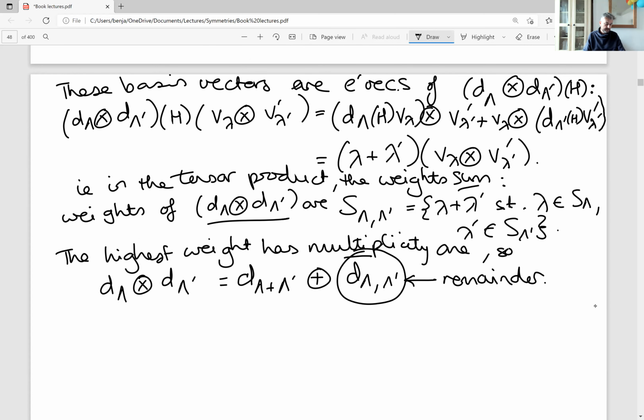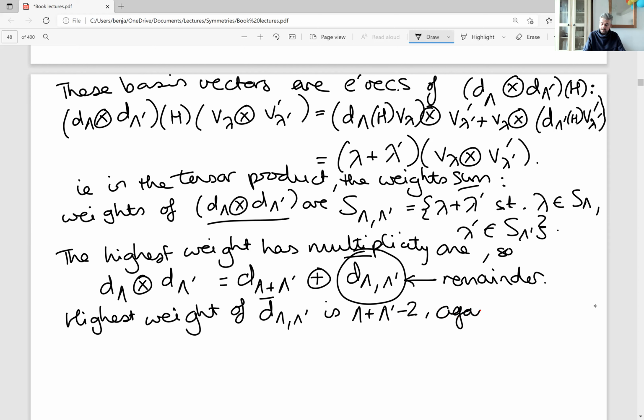Well, again, its multiplicity of states must all be 1, and the highest weight is also multiplicity 1. And of course, the highest weight of the remainder is going to be the previous highest weight minus 2 units. So it's lambda plus lambda prime minus 2, again with multiplicity 1.